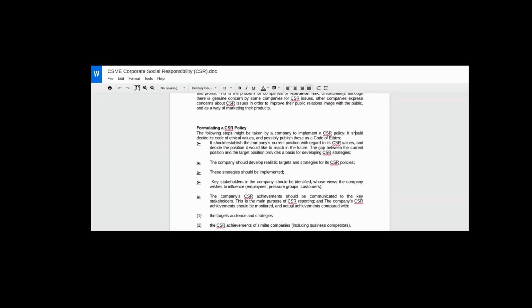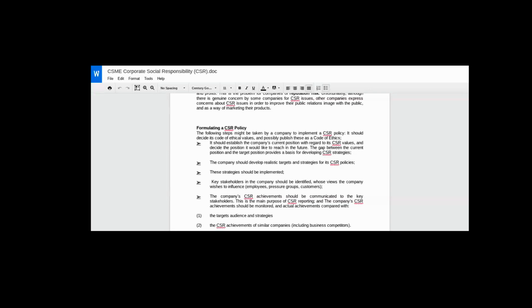1, a company should decide its code of ethical value and publish this code of ethics. You can see I've said this. The same thing in our number 2. Our number 2 says that we should determine our current position with regards to CSR values and decide on which position do we want to take now and in the future.